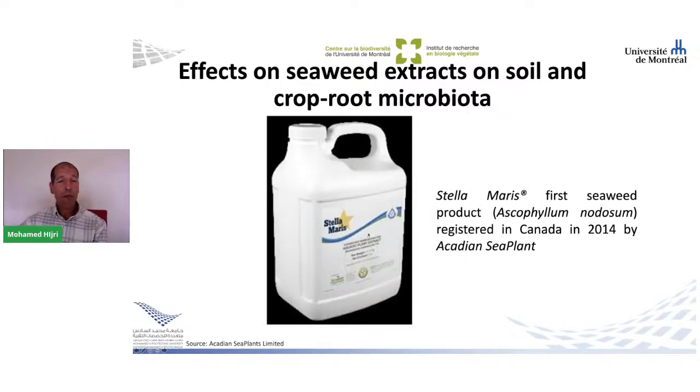We wanted to see the effects of seaweed extract on soil and crop root microbiota. This project was a collaboration with Acadian Seaplants, who registered the trademark Stella Maris, the first of its kind registered in Canada, 6 years ago.